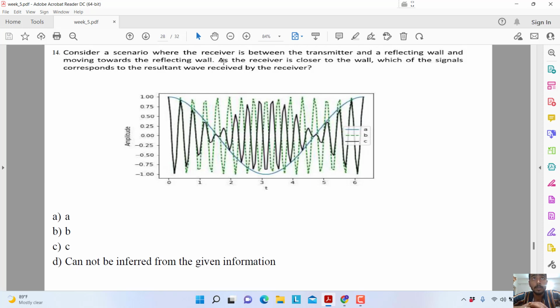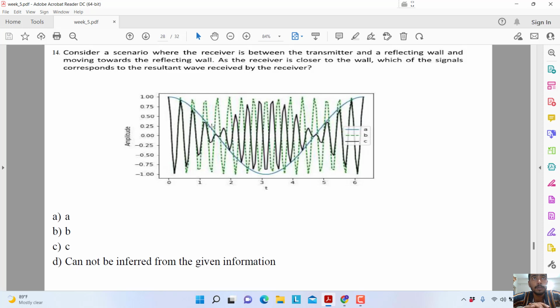As the receiver gets closer to the wall, which of the signals corresponds to the resultant wave received by the receiver?